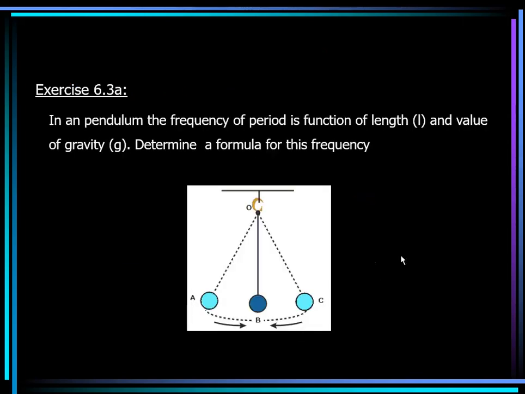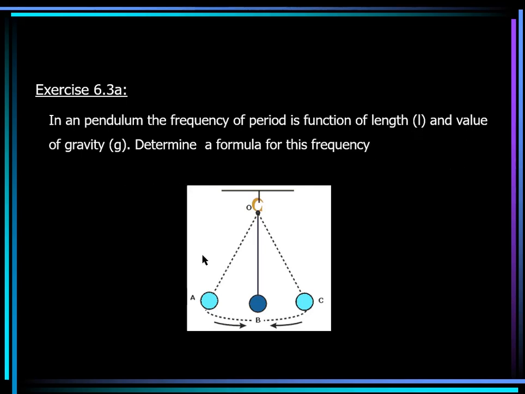For example, I have already given you the solution of this question. Let us read what it is saying. In a pendulum, the frequency is the number of cycles it completes per unit time, and the unit of frequency will be 1 over time. This frequency is a function of the length: the more the length, the more it changes the frequency.